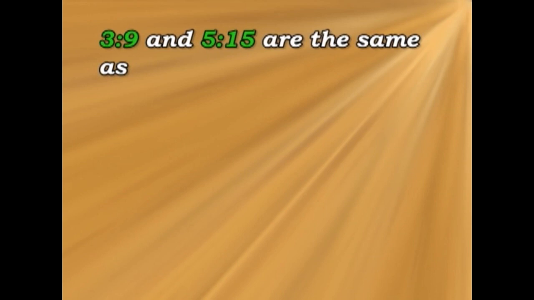So 3 to 9 and 5 to 15 are the same as 2 to what? Well, if 2 is 1, what are 3 2s? 6. So 3 to 9 and 5 to 15 is the same as 2 to 6. You get it? Let's try the next one.